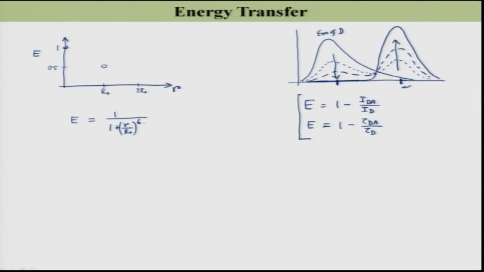So it is almost over here, and in between, if you plot, the plot will be something like this. So from here I can at least tell that when the efficiency of energy transfer is just 0.5, r is equal to capital R_0, which is my first touch distance.